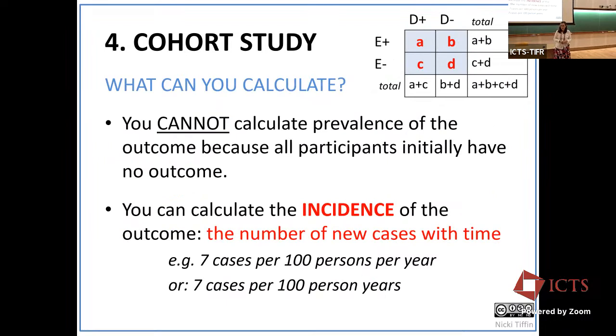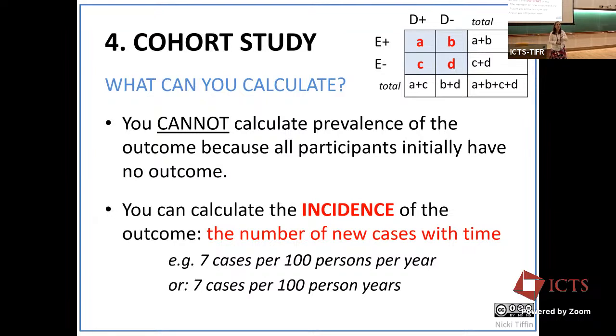So what can you calculate from your cohort study? You can't calculate the prevalence of the outcome in the general population because everyone you brought into the study at time point 0 had no outcome. In order to be in the cohort, if you have a TB cohort where you want to look at the incidence of TB, when people join the study, they have to have no TB.